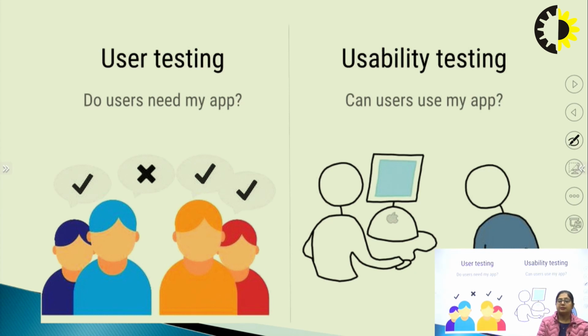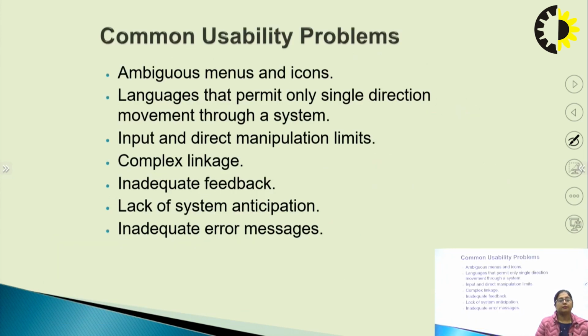User testing means, before you launch, you release it at a site where 100 to 200 people will use it, and they tell you the weaknesses and the requirements that you have to add. And usability testing asks, can users use my app? If he or she is able to use my app, that shows how user friendly you made your interface.